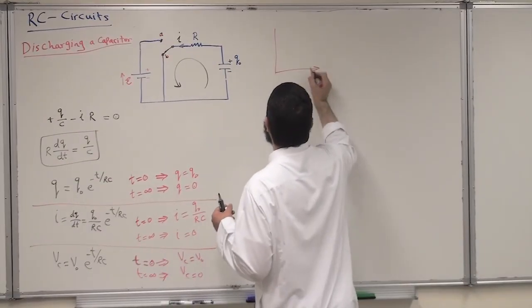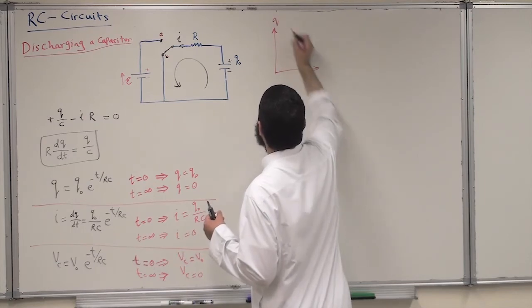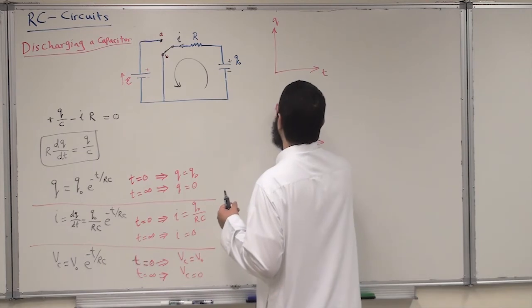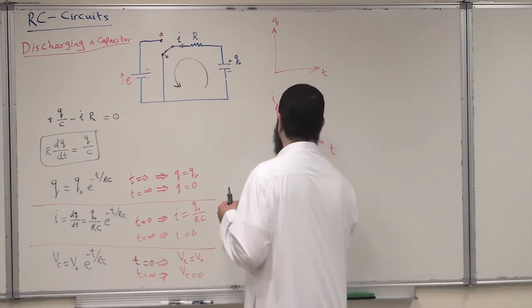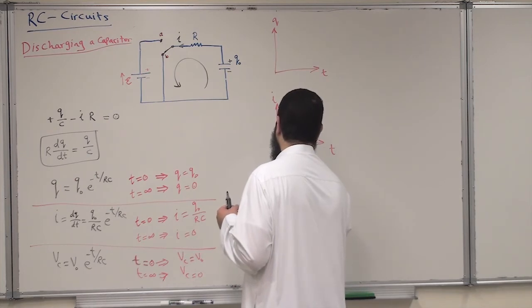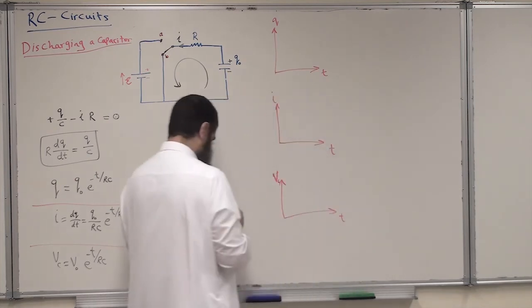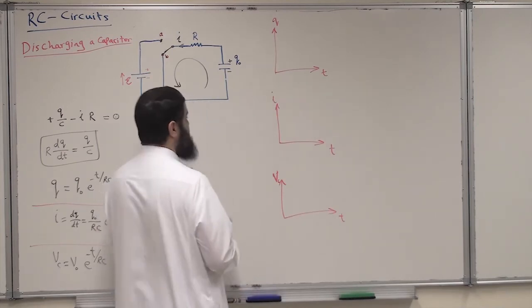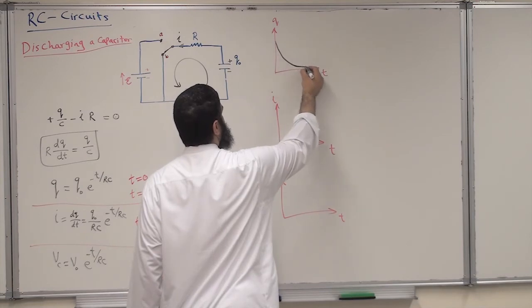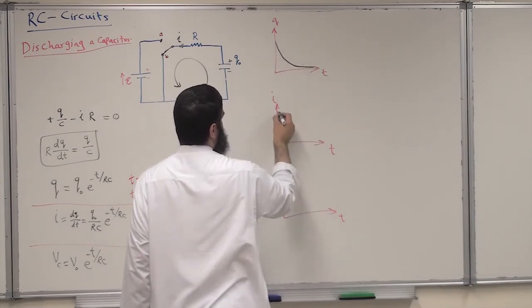If you want to plot them, you can plot Q. So this is Q versus t. We can plot I versus t. We can also plot Vc, the potential across the capacitor, versus t. We plot them in different colors. All of them will be decaying with time and will reach 0.